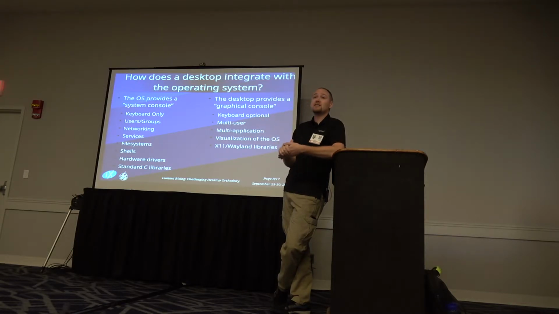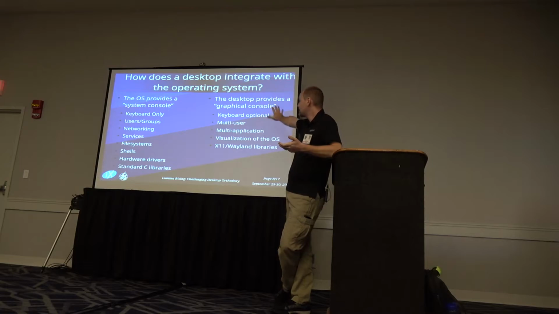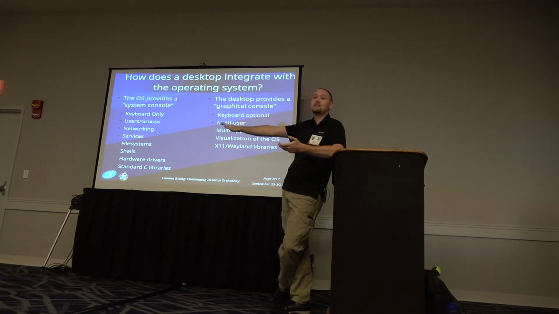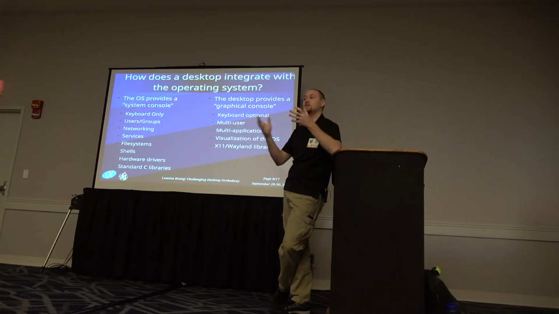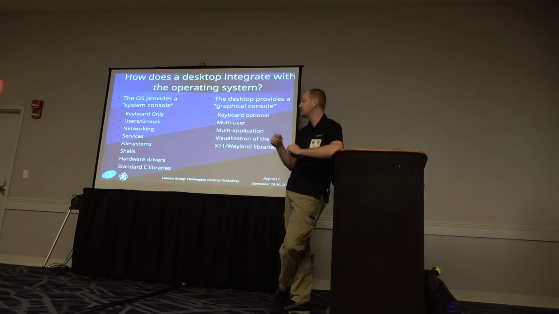The file system itself, the desktop again, generally stays to the graphical side of things. So the operating system is what manages the file system. Same with your shells, because that's your command line interface. Your command line representation of the operating system tends to be your shells or your terminal. Similarly, the hardware drivers, and they provide some standard libraries, usually C libraries.